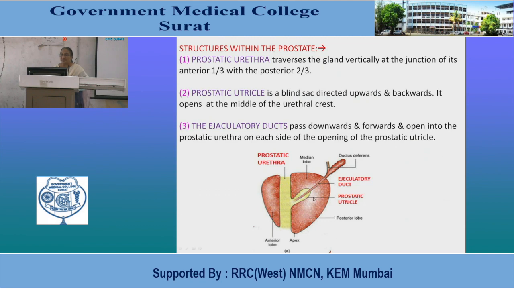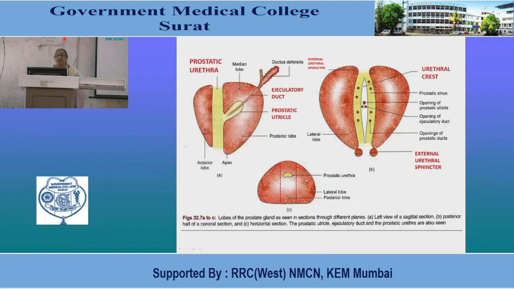Now, these three structures divide the entire substance of the prostate gland into different lobes: anterior lobe, posterior lobe and median lobe. Here you can see this diagram showing the horizontal section, the internal urethral sphincter and the external urethral sphincter.